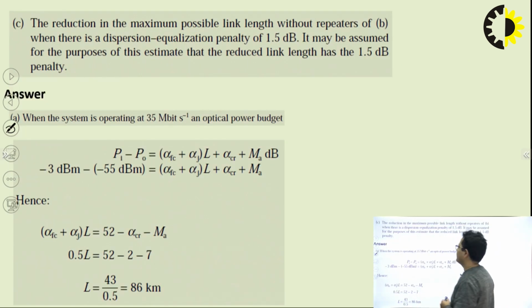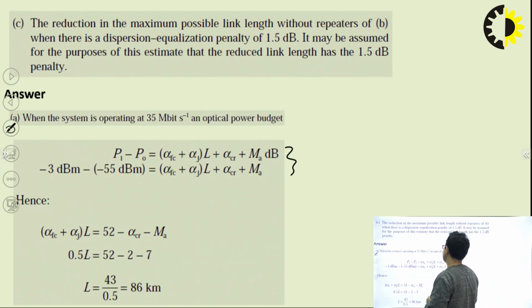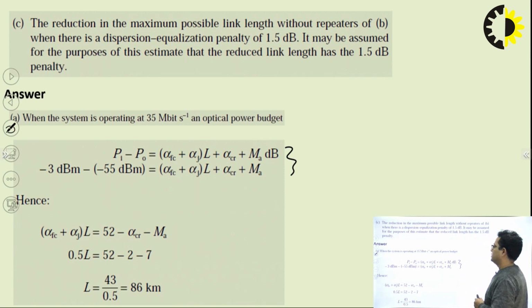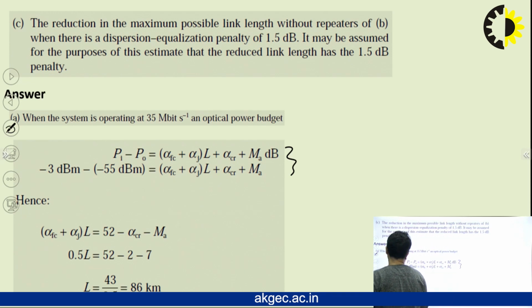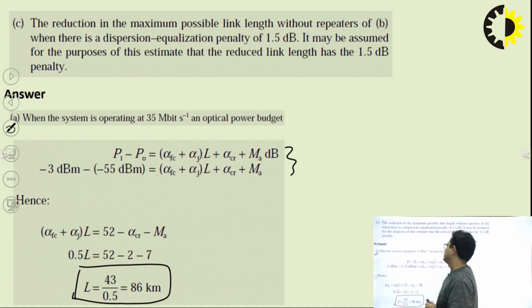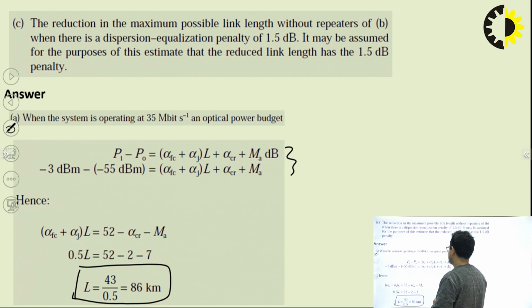So this is that formula: PI is equal to PO plus alpha FC plus alpha J into L plus alpha CR plus alpha MA. Using this, just put the values. The values of alpha FC as well as alpha J are already provided to us. Put these values and you will directly get the maximum possible link length without repeaters. So that link length is 86 kilometer.